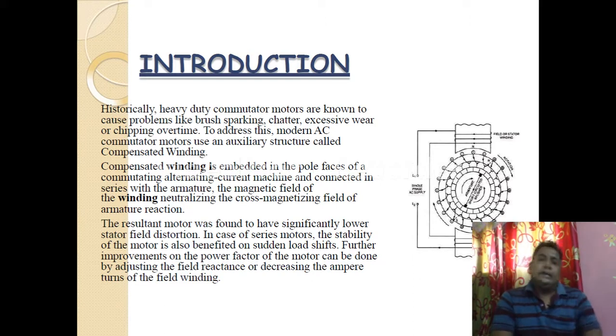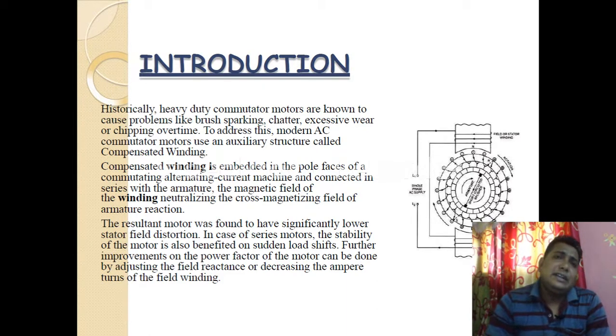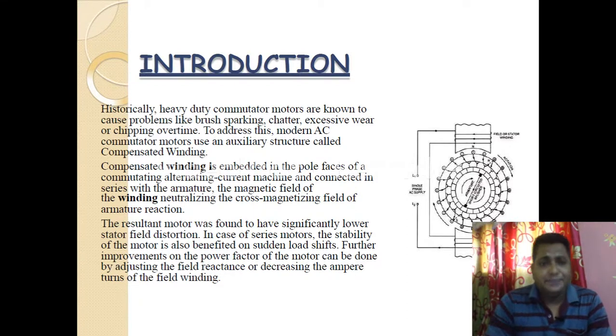We know that when armature reaction occurs in a DC machine or any kind of machine, the result is that it reduces the main field flux. In armature reaction we have two kinds of effect, the demagnetizing effect and the cross magnetizing effect. By using this compensating winding we can neutralize the cross magnetizing effect of armature reaction.